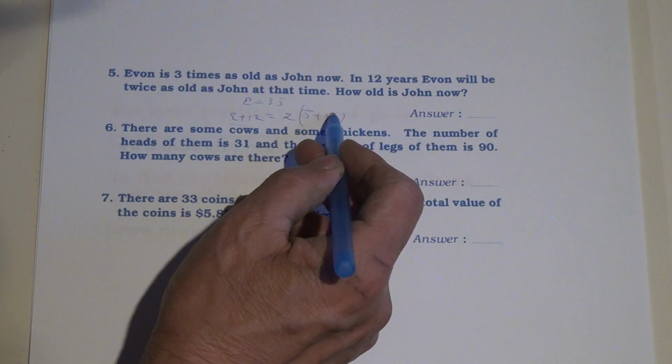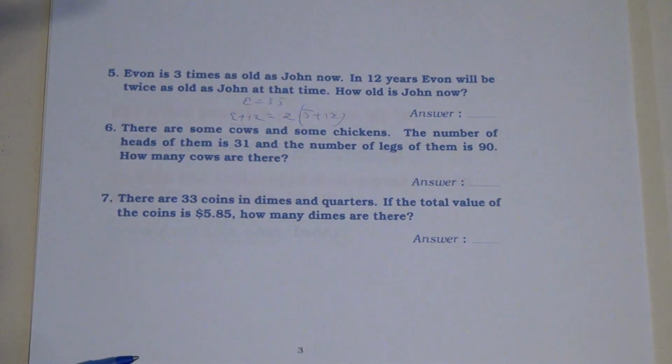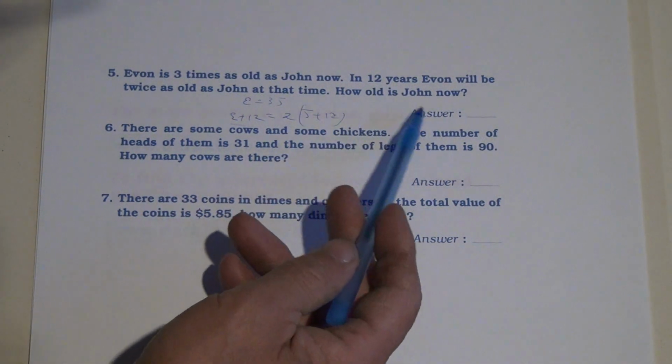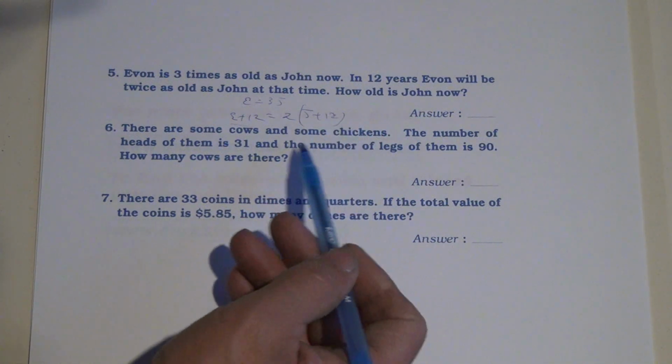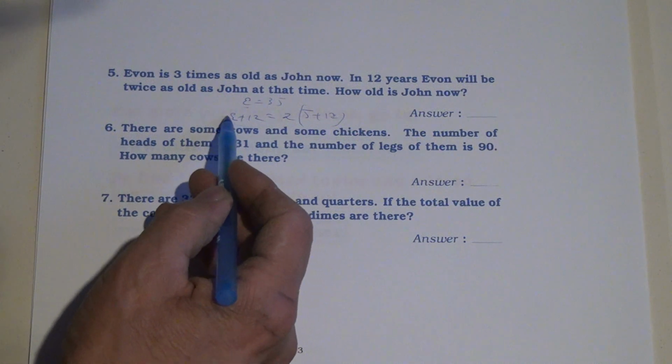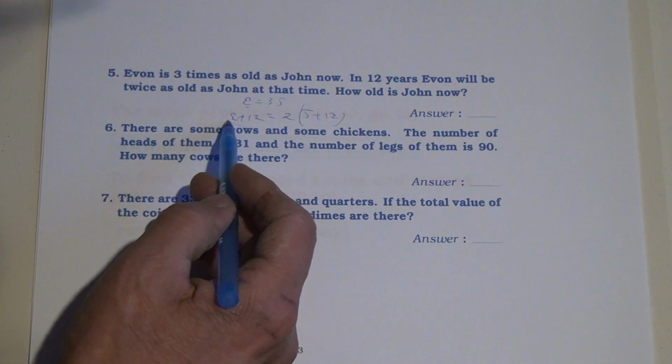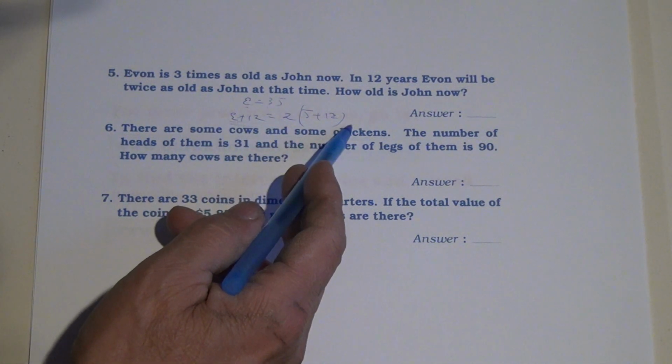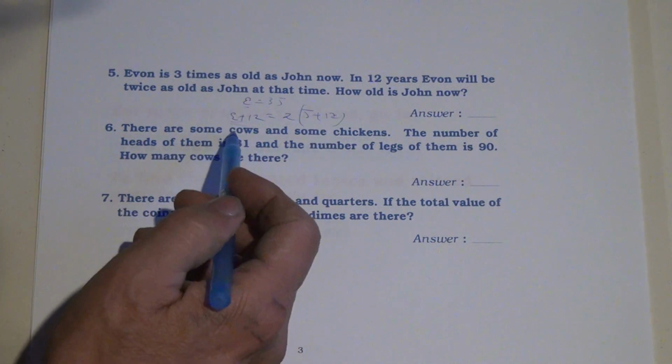This one is John's age in 12 years. From here, you just solve for J or I, whatever the question asks. How old is John? So you need to solve for J, right? So I is 3J. So you replace this I by 3J, then you have only one variable. Then you can solve for it. It's Algebra 1 beginning level.